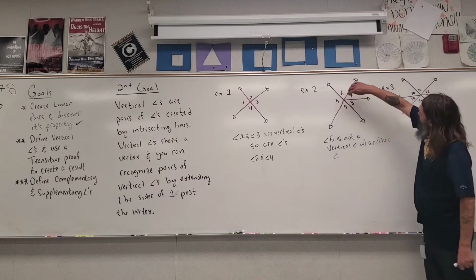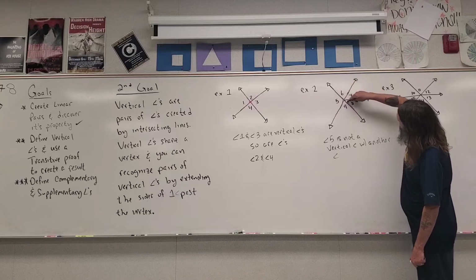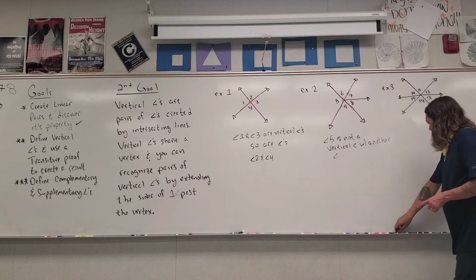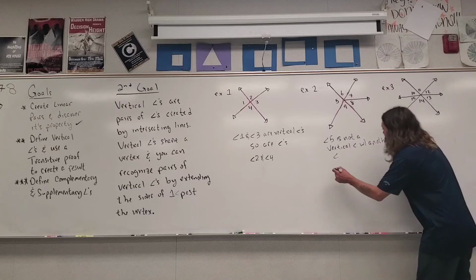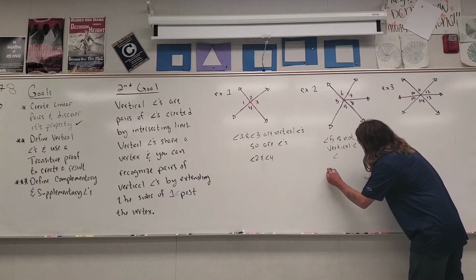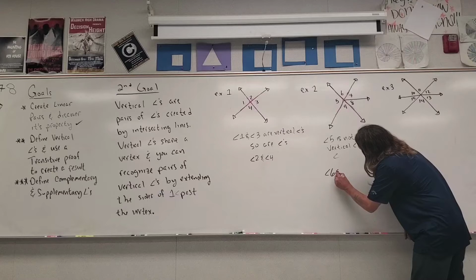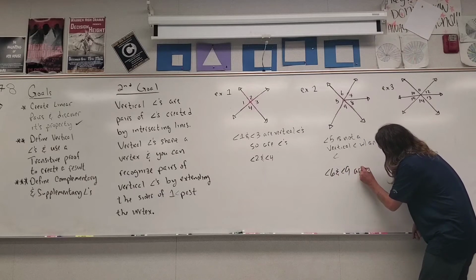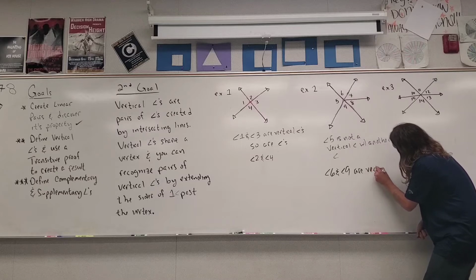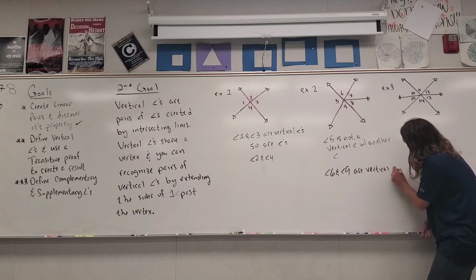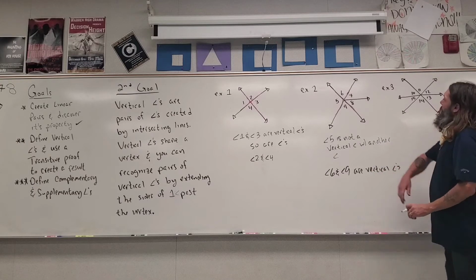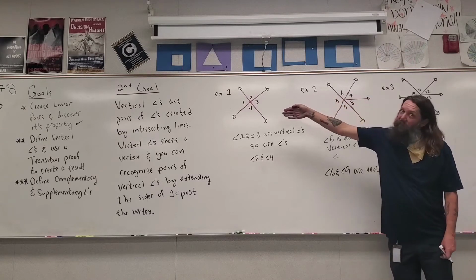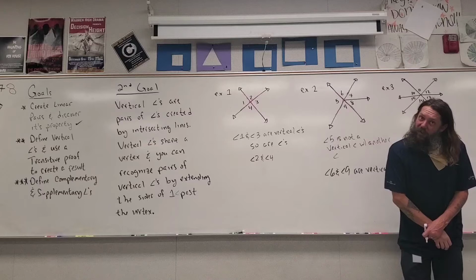However, if I look here at angle 6, if I extend the sides of angle 6, it makes angle 9. So angle 6 and angle 9 are vertical angles. Now, 7 and 8 can't be vertical angles because they're not created using intersected lines, right?